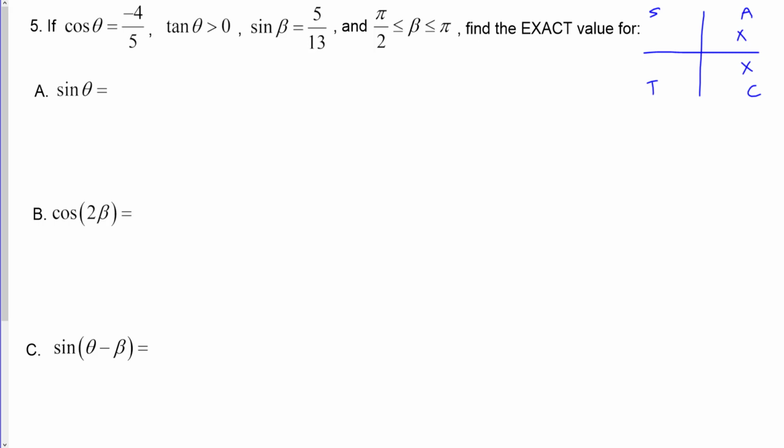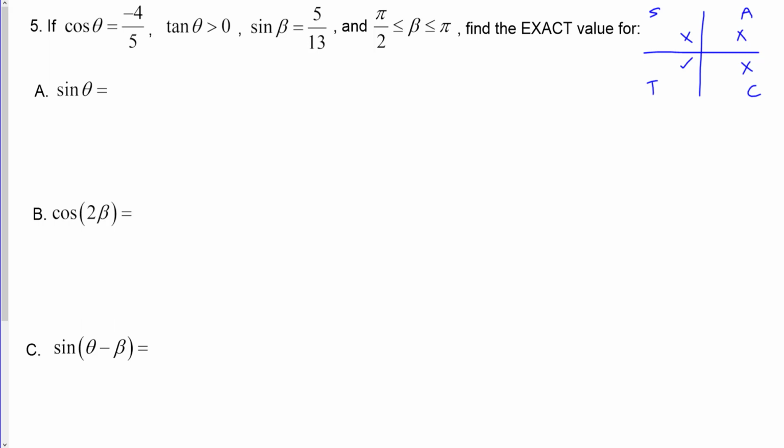Now if tangent has to be positive, then that rules out quadrant 2. Sorry, I think I said that wrong. We've just ruled out quadrant 2, so therefore theta has to be in quadrant 3.